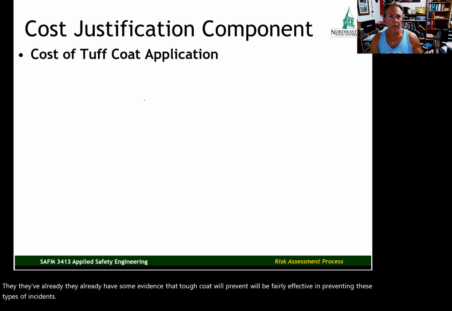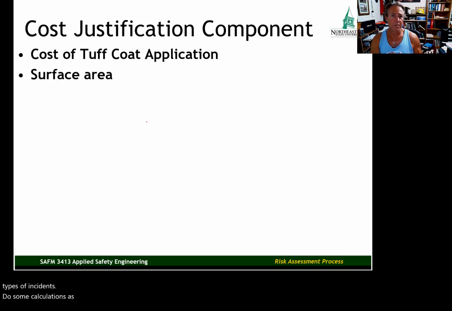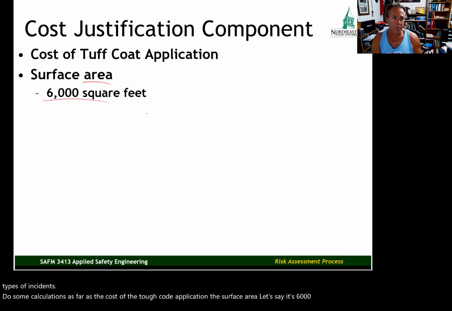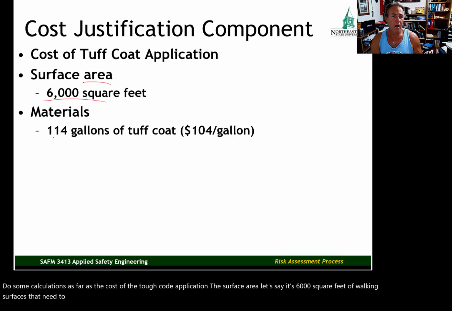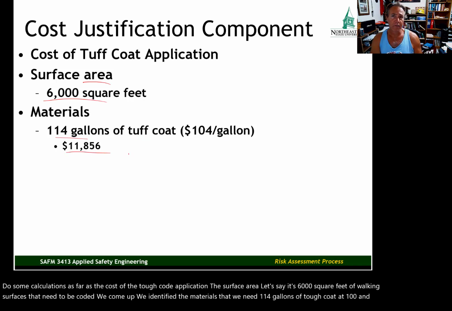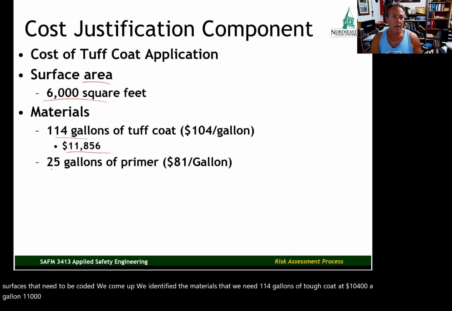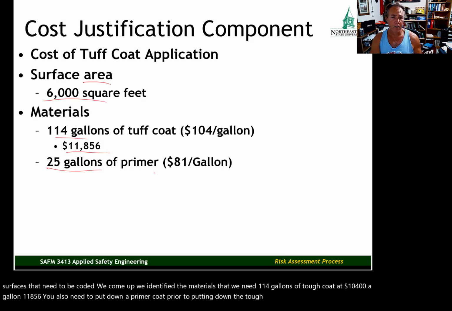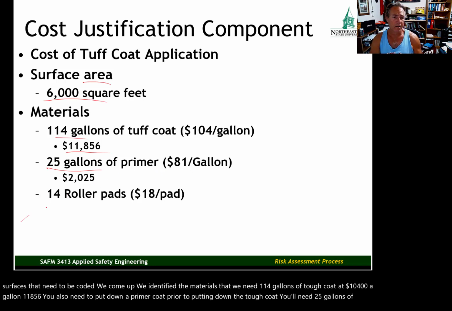Do some calculations as far as the cost of the Tough Coat application. The surface area, let's say it's 6,000 square feet of walking surfaces that need to be coated. We identify the materials that we need. 114 gallons of Tough Coat at $104 a gallon, $11,856. You also need to put down a primer coat prior to putting down the Tough Coat. You'll need 25 gallons of primer at $81 a gallon.